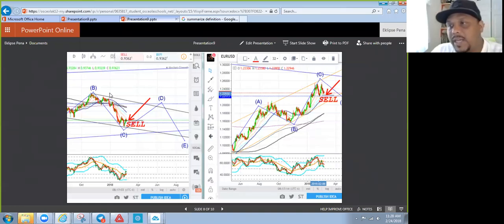Right? So check out this way to trade this. Does everybody see my line right here? If you put a line here and you put a sell limit on here, and it sells, and then you put a sell limit here on the other one, so you're going to sell both of them.